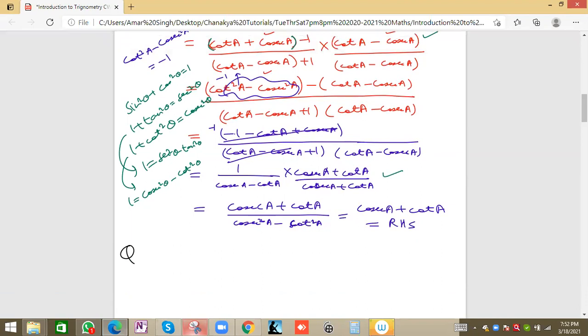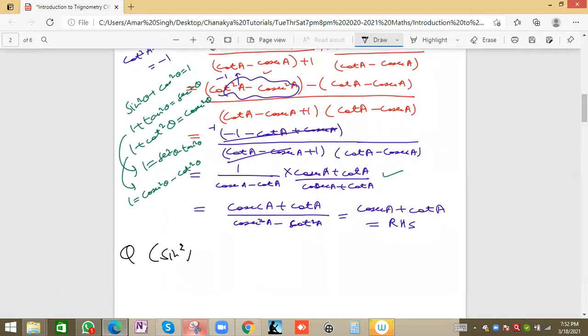This question has come many times, but it is a simple question. Prove that sin A plus cosec A whole square plus cos A plus sec A whole square equals 7 plus tan square A plus cot square A. Solve this question.